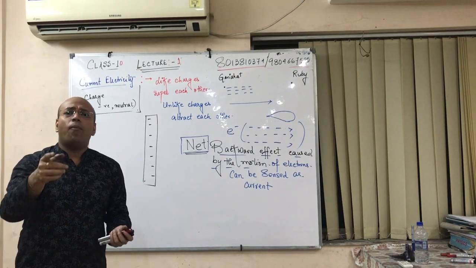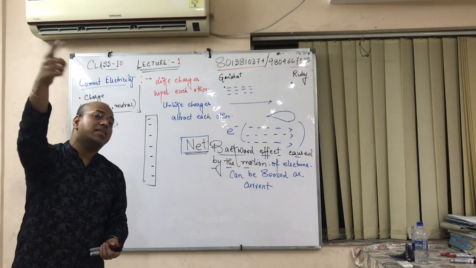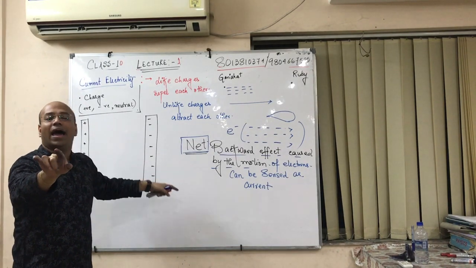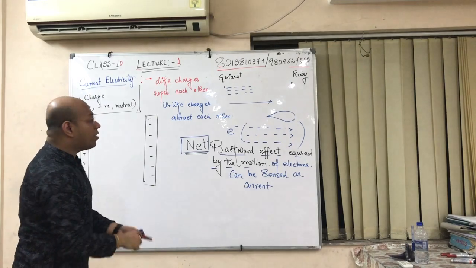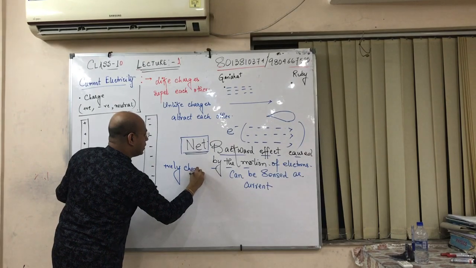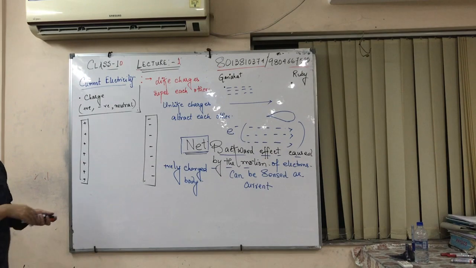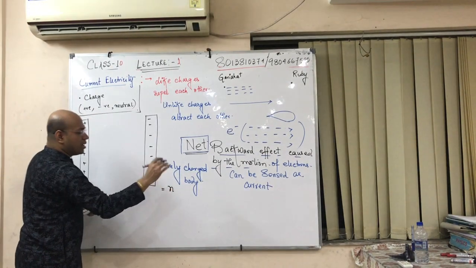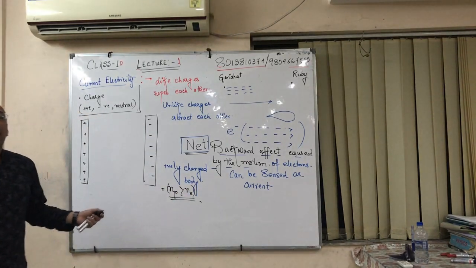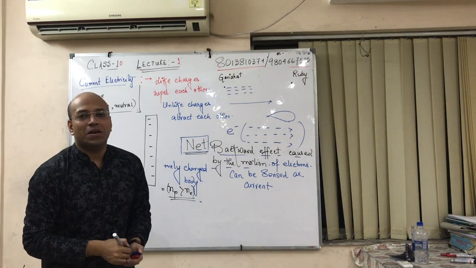A simple thing: a positively charged body is that body in which the number of protons is greater than the number of electrons, and a negatively charged body is that body where the number of electrons is greater than the number of protons.